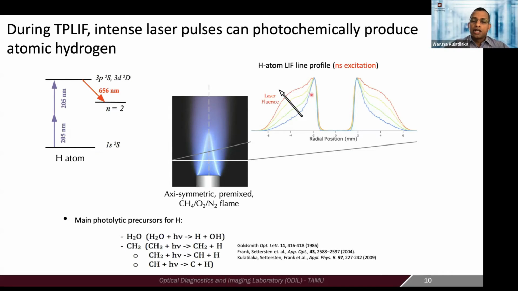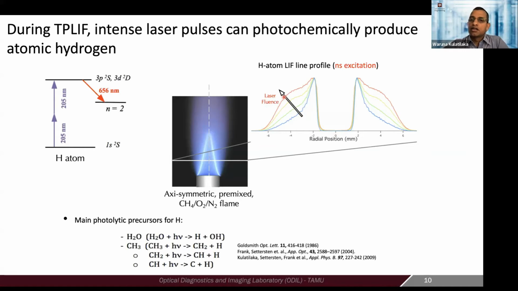What is shown here is a peak normalized signal of the profile of that H atom signal through the flame, because you see the peak at the flame front, and there are no H atoms in the cooler premix zone in the middle, so there's no signal there. And then you see the peak at the flame front, and then a slow decay as you go radially outwards in the flame. Once you increase your laser fluence, the shape of this profile changes.